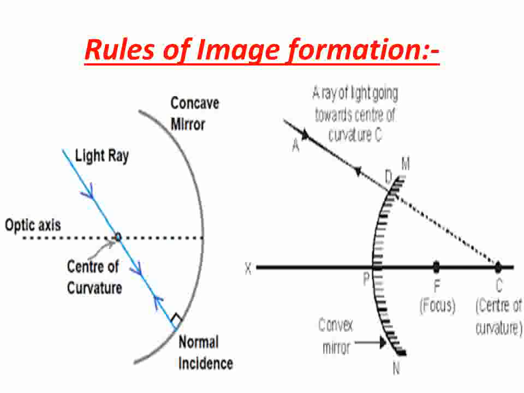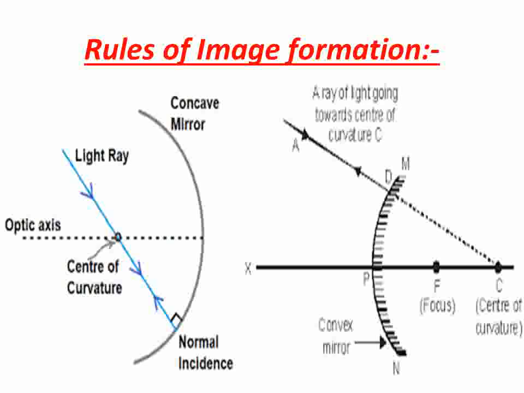In the first figure, a ray of light, the blue colored ray shown in the figure, is coming from the center of curvature. Any line, whether it is the principal axis or any ray of light coming from the center of curvature, falls normally, that is, it makes an angle of 90 degrees with the surface of the mirror.